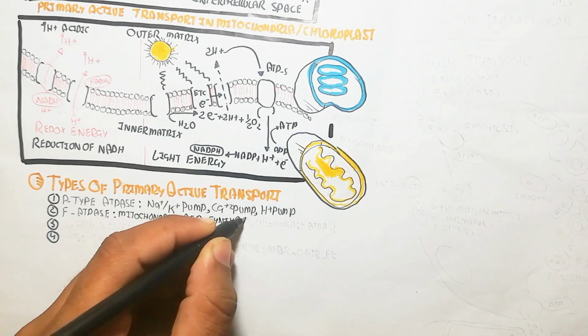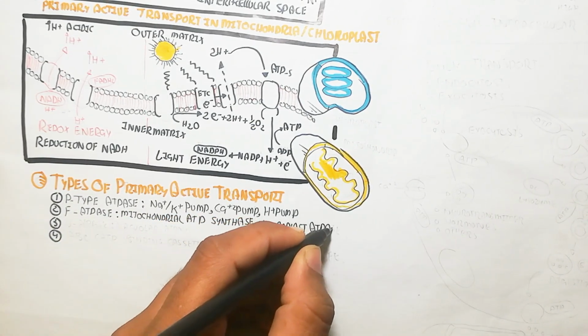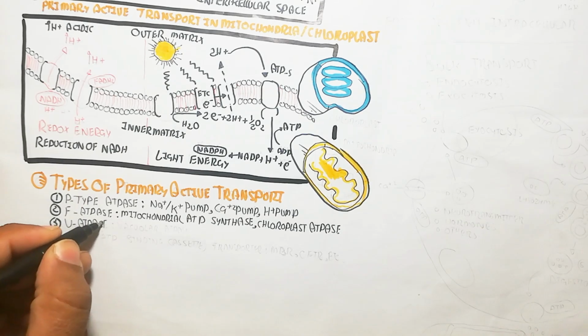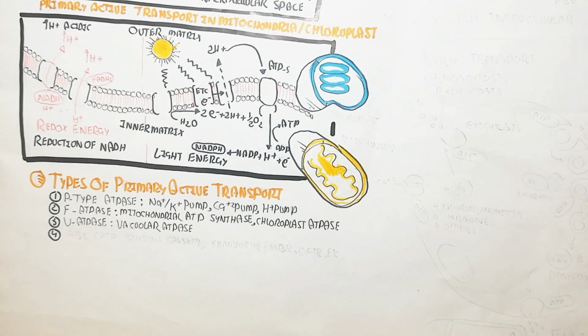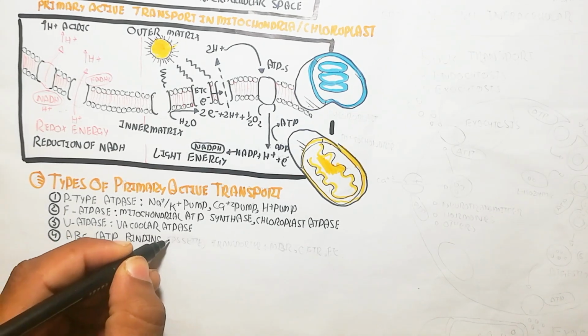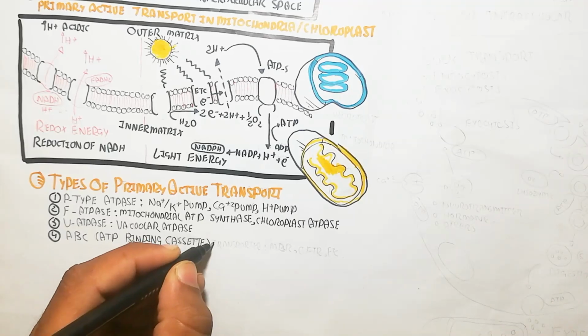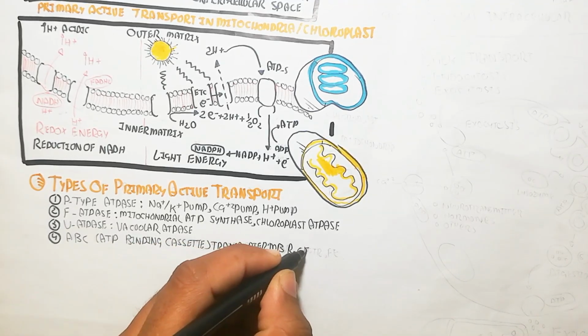Number three is V-ATPase, the vacuolar ATPase, and number four is ABC, the ATP binding cassette transporter, like MDR, CFTR, etc.